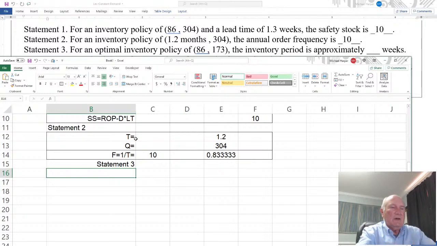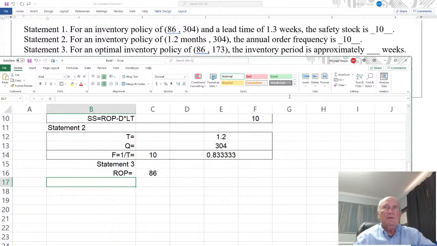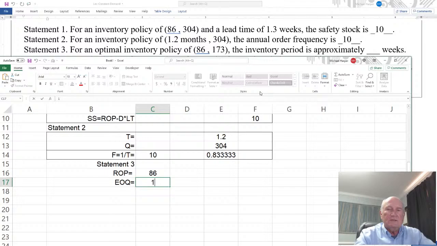And that's going to be the ROP is going to equal the 86. Now, notice this is the optimal inventory policy. So 173 is going to be EOQ. That equals 173.